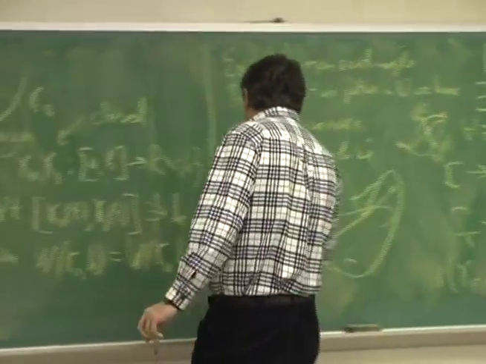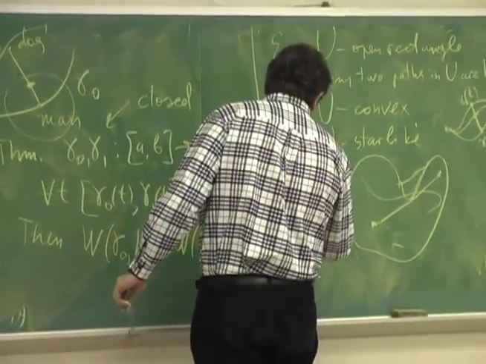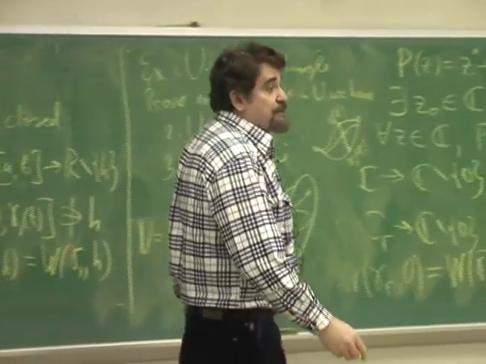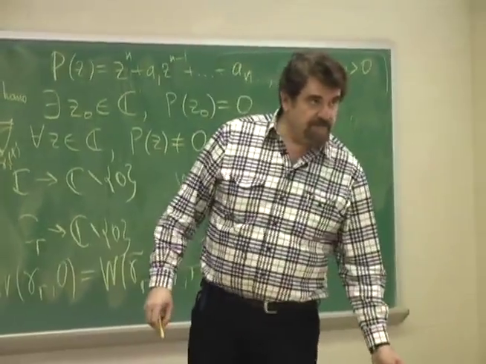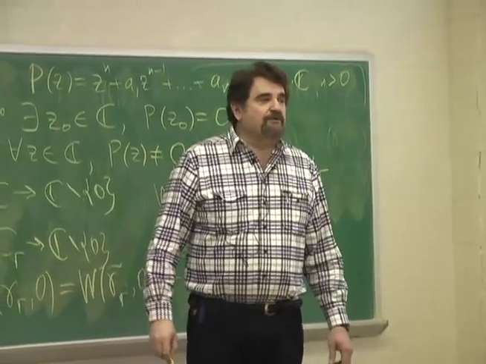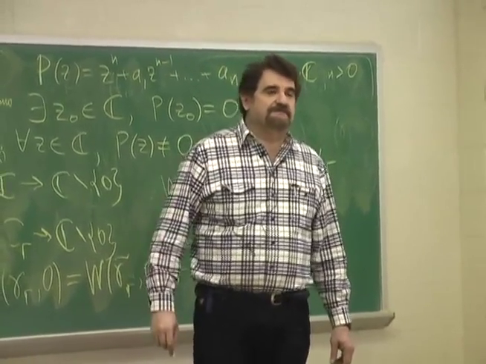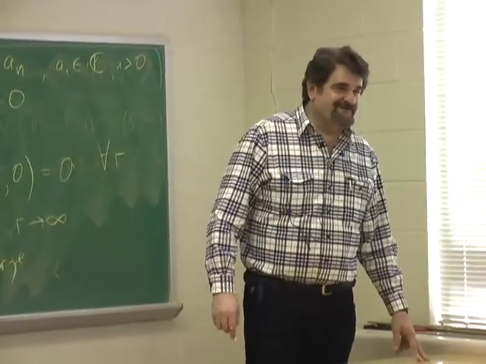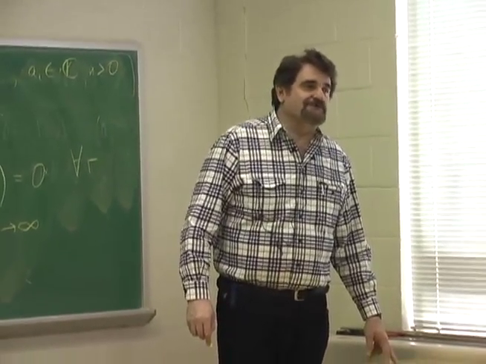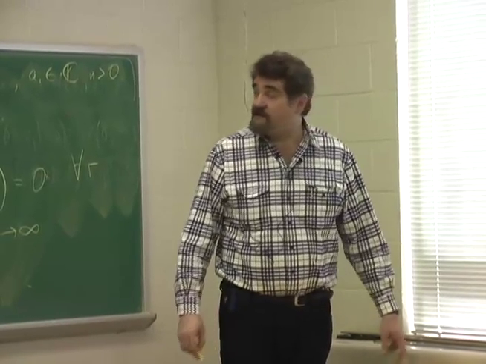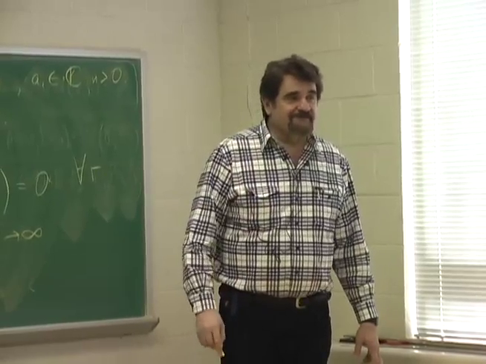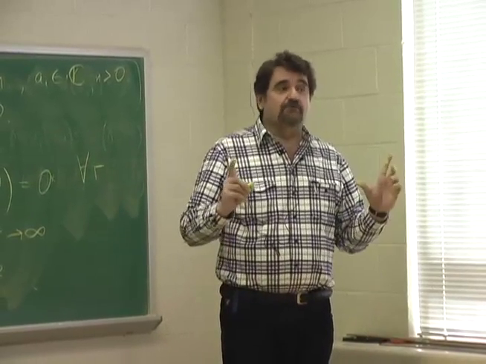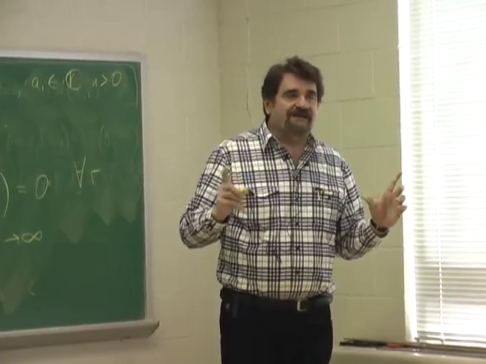Another problem is, imagine U equals R2 minus 1 point. It is not homotopically trivial already, correct? Prove that two, say, closed curves are homotopic if and only if their winding numbers are the same. So the winding number is a full homotopy invariant of a curve in the plane without 1 point. We already proved, it follows from what we did, that if two curves are homotopic, then their winding numbers are the same.